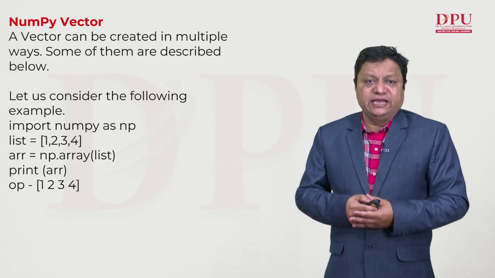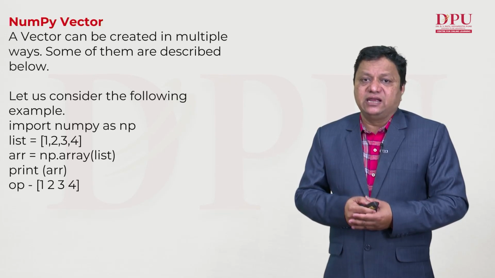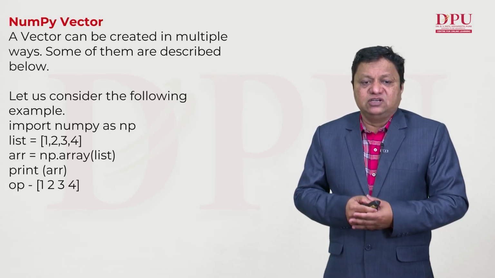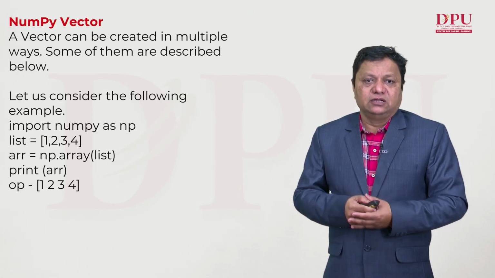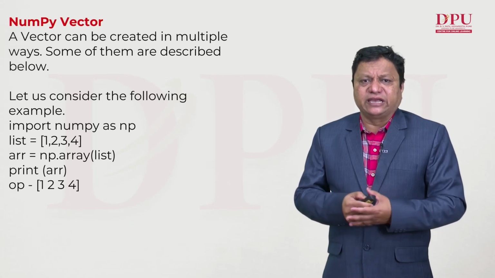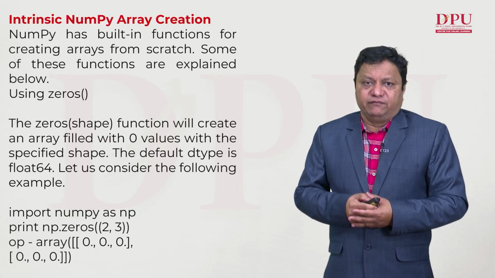If I say arr is equal to np.array(list), it will create an array from the list. If I print the values of arr by using the print function, I will get the array 1, 2, 3 and 4. So in this way also I can create the NumPy vector.